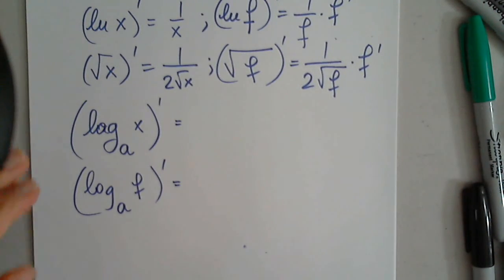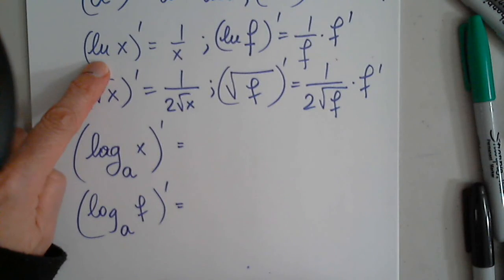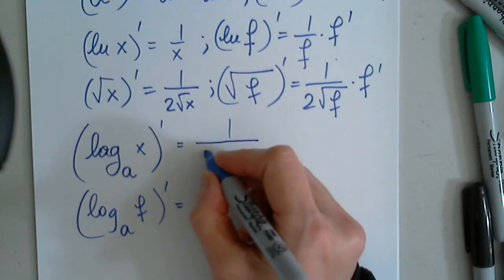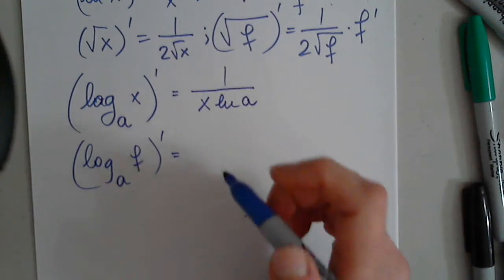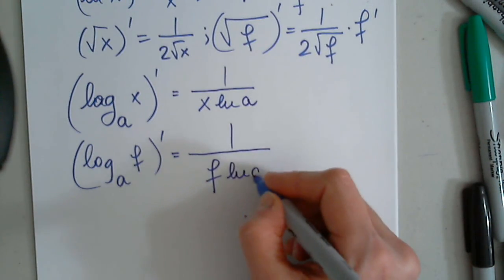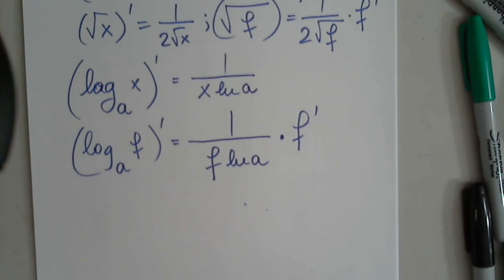Notice the difference here: this one has any base, not e, not natural log. So in this case, we have 1 over x natural log a. Same thing here, 1 over f natural log a, and of course, times f prime. And now I would like to practice this, and then we'll look at logarithmic differentiation.